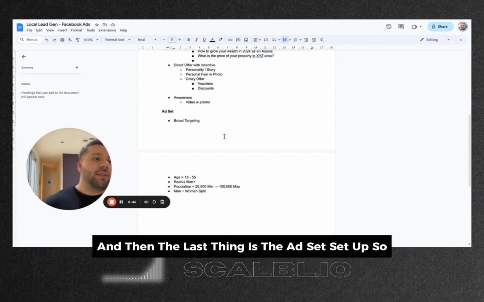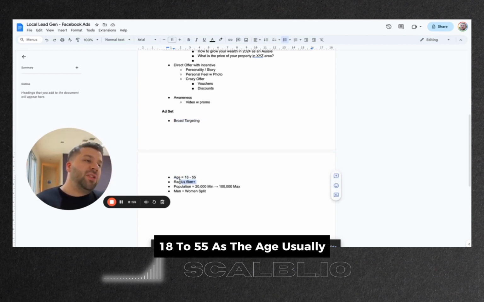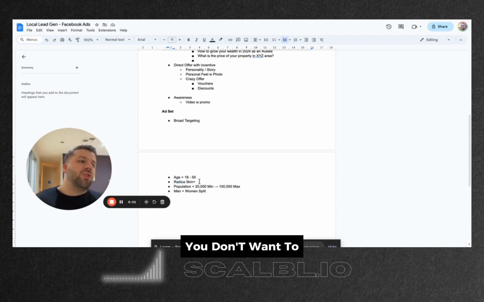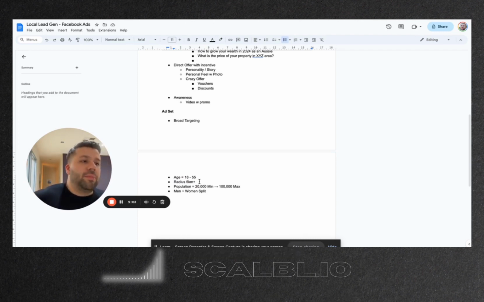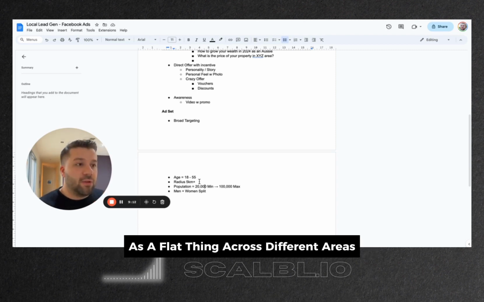And then the last thing is the ad set setup. So for instance, broad targeting, 18 to 55 is the age, usually radius 5 kilometers as a starting point. This really is area dependent. You don't want to stick to 5 kilometers as a flat thing across different areas.